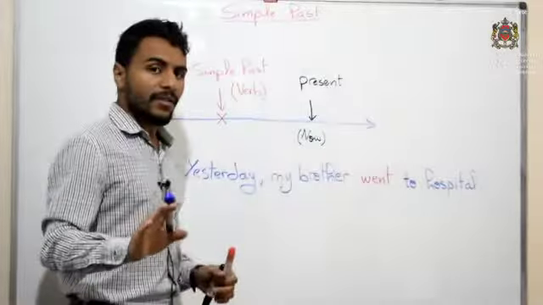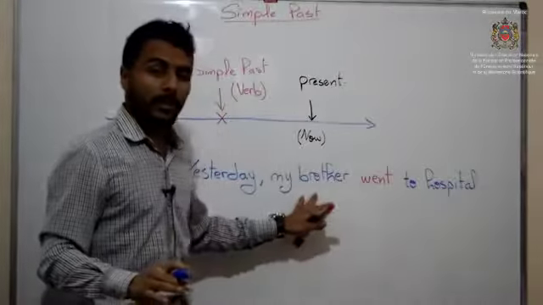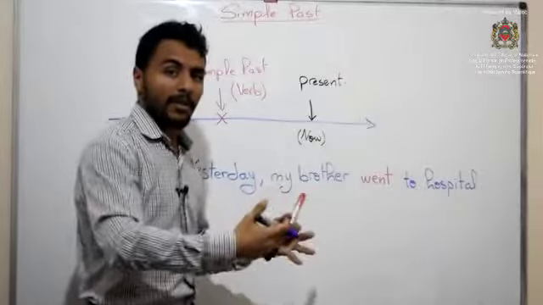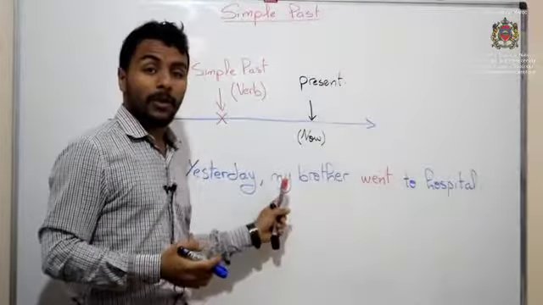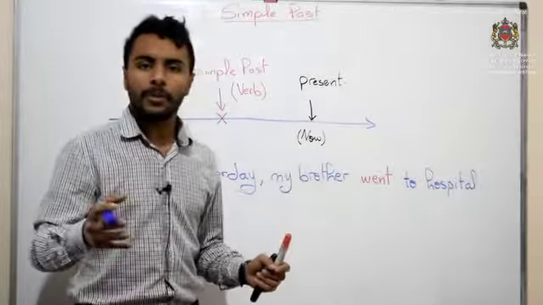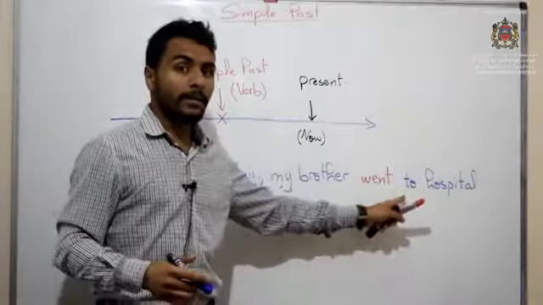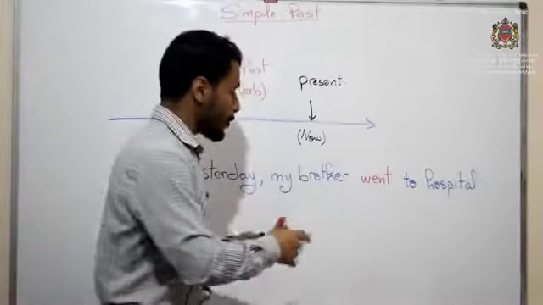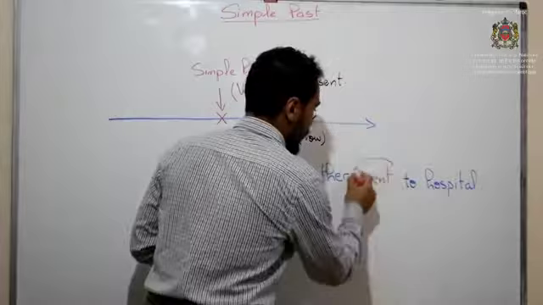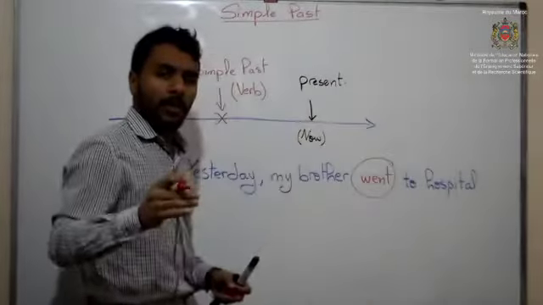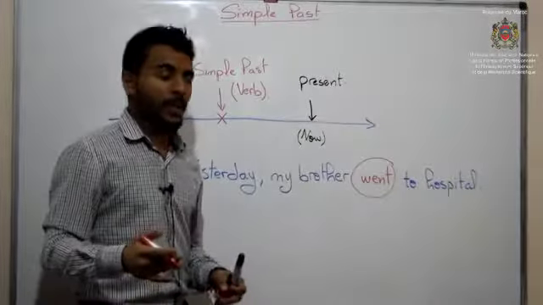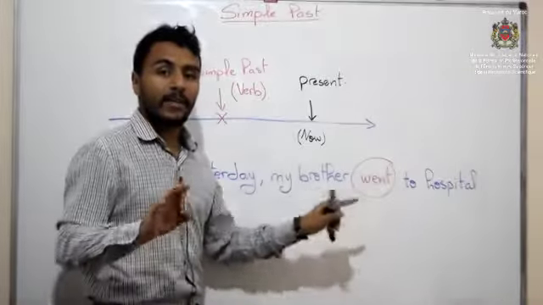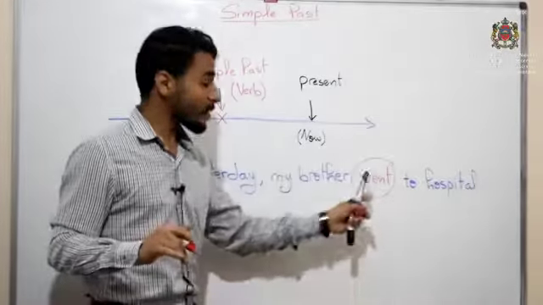Okay, the sentence is clear, and we have a subject, which is the doer of the action. Who? It's my brother. What did your brother do? Went to hospital. So the verb is went. But when you go to the list of verbs, you will not find the verb went in its infinitive form like this.